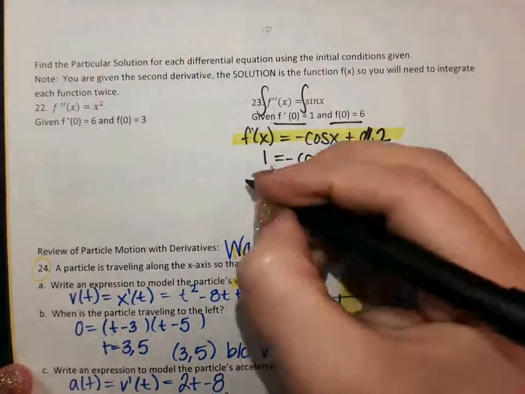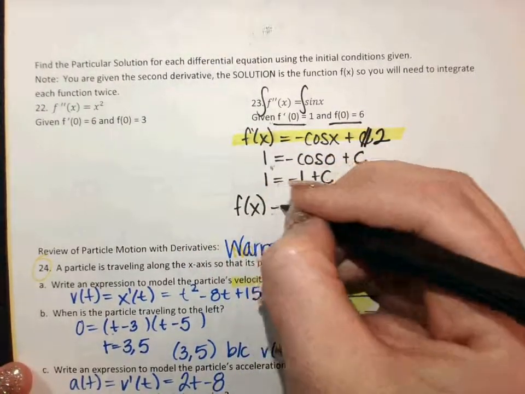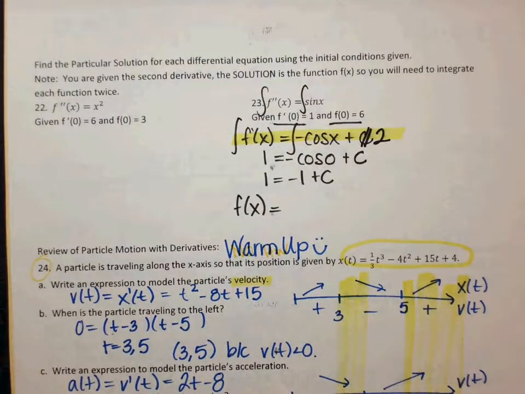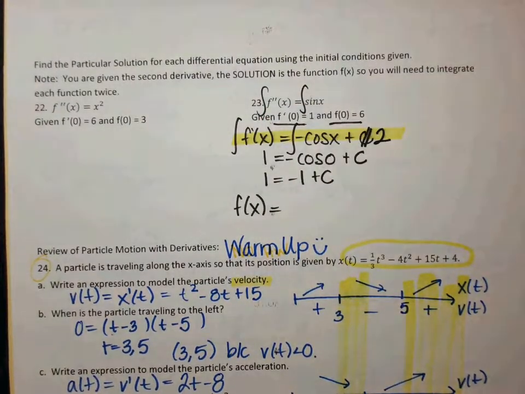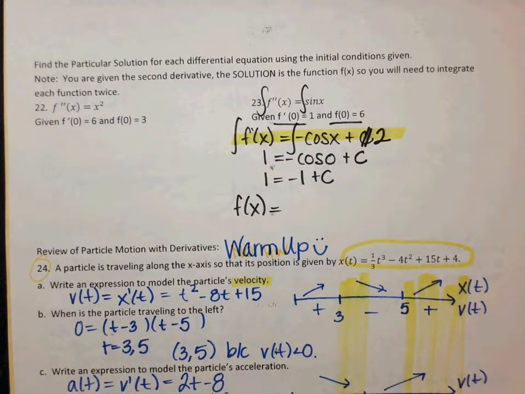Okay, f is going to be the integral on both sides of that. What's the integral of f prime called? F. What's the integral of negative cosine? Negative sine, very good.